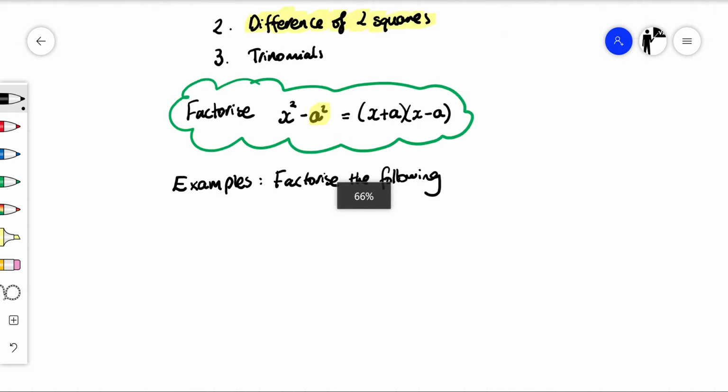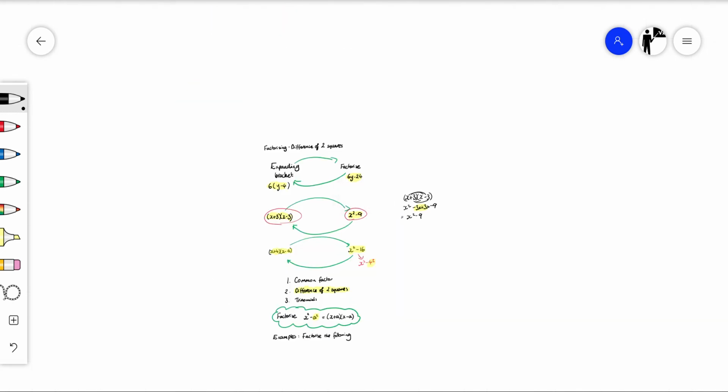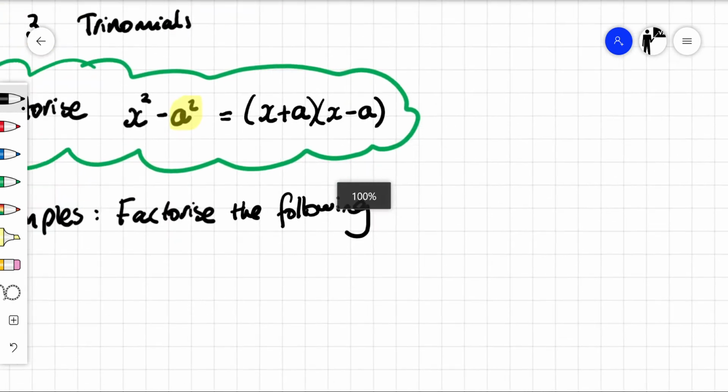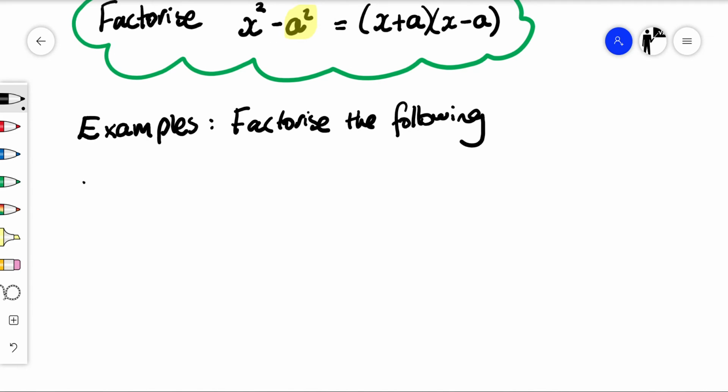So number 1, let's imagine we want to factorise x squared subtract 81. The first thing we need to think about is, is there a common factor? Remember, that's always step 1. Can I take a common factor out of this expression? No, I can't. So step 2, can I write this as something squared take away something squared?